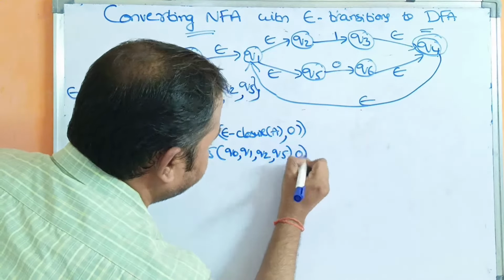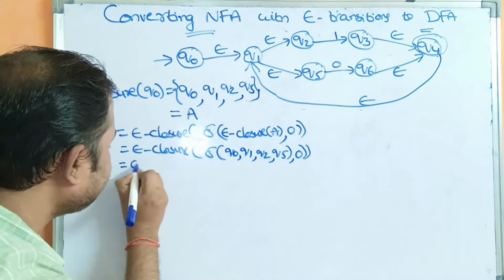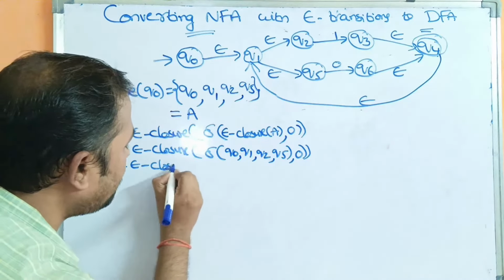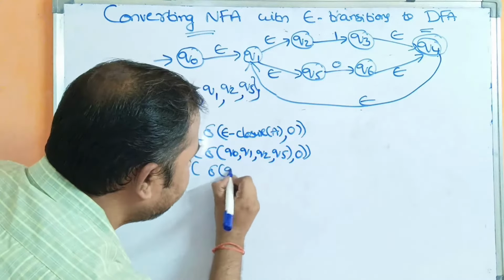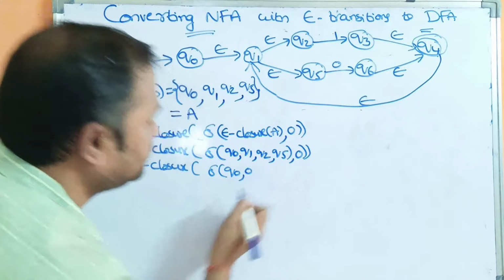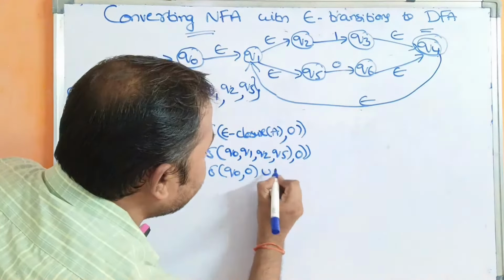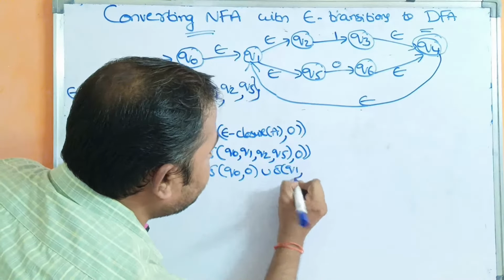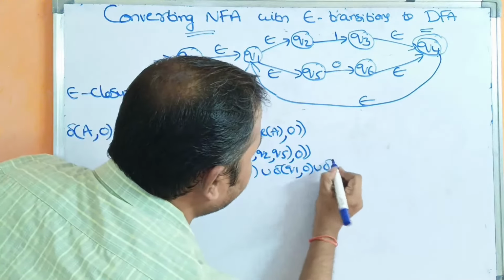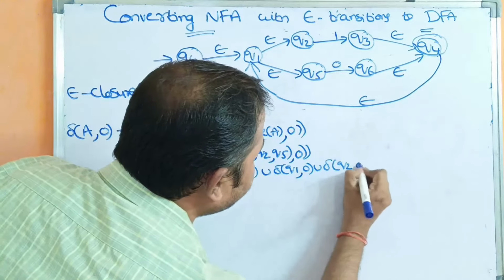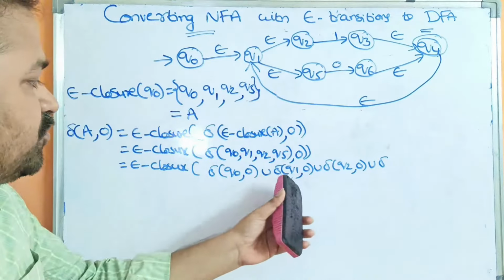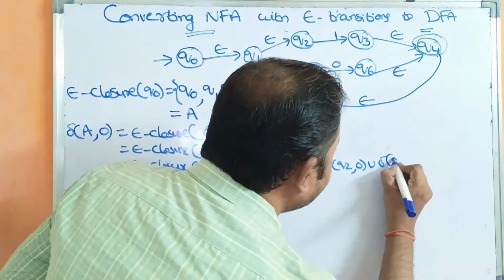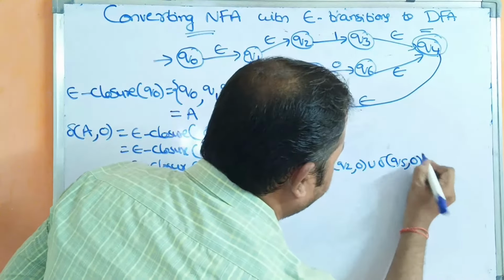So this is the epsilon closure of delta of Q0, 0, union delta of Q1, 0, union delta of Q2, 0, union delta of Q5, 0.